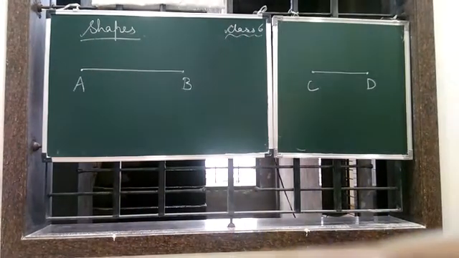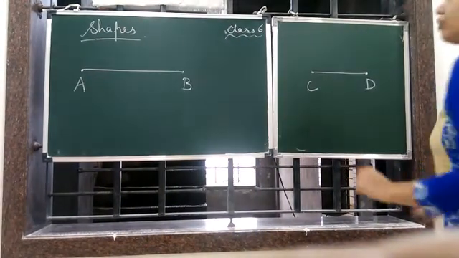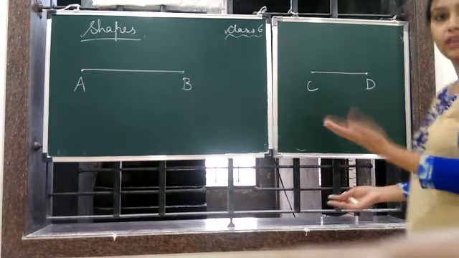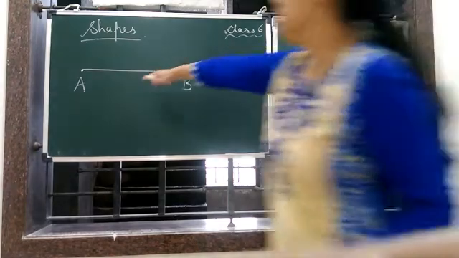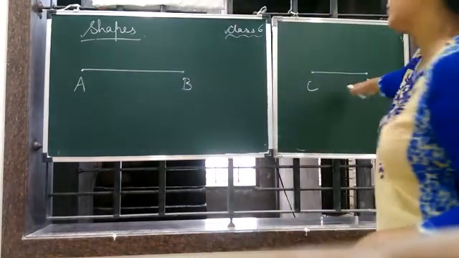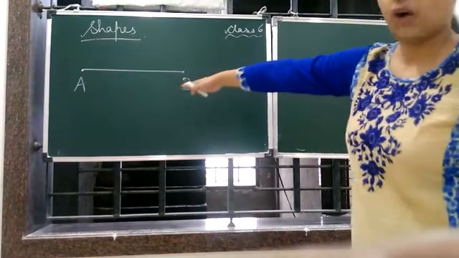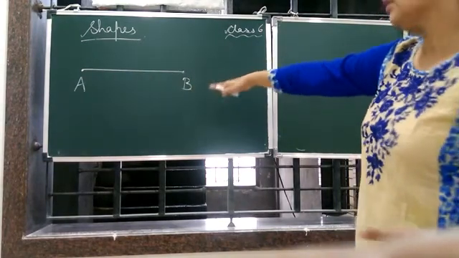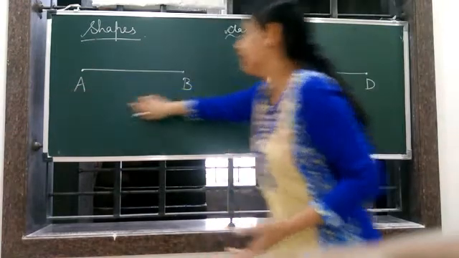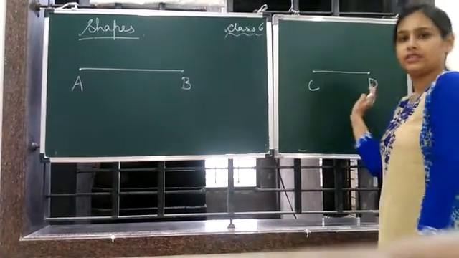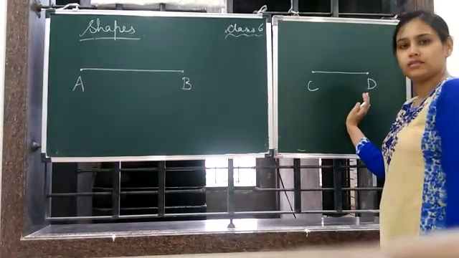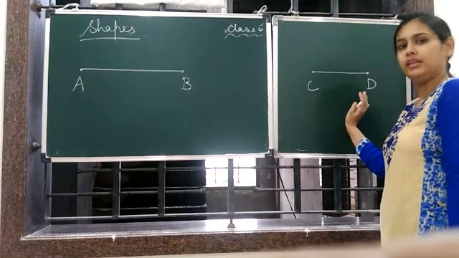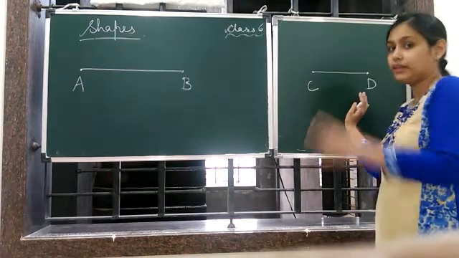How can you compare line segments? First, you can compare by observation. If you observe the two line segments, you can see that this is of greater size, of greater length. So line segment AB is greater than CD, or you can say longer than CD. By observing, by seeing.